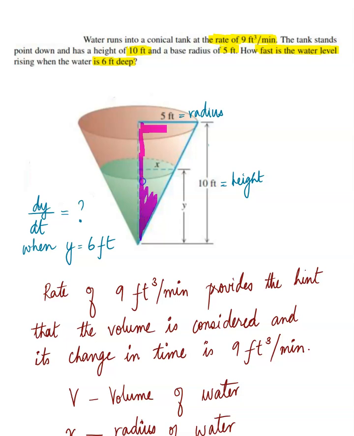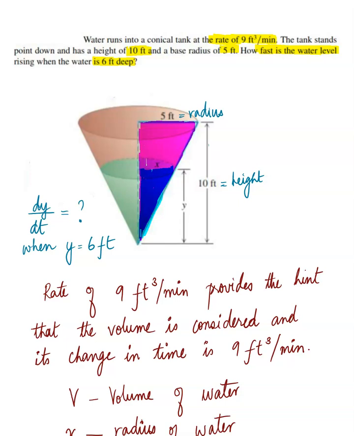So I want you to consider this triangle here. This big pink triangle corresponds to the red tank, and this blue triangle down here corresponds to the green cone. But forget about the cone for the moment. Just look at the triangles and think geometry.